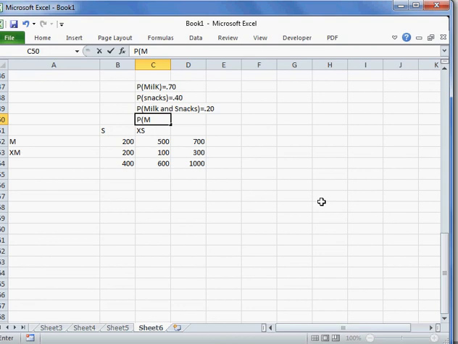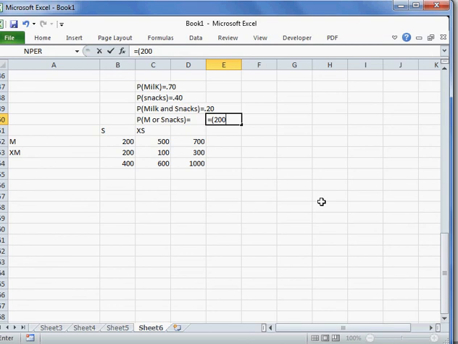probability of milk or snacks is equal to... we've got 200 in the upper left hand corner that counts.